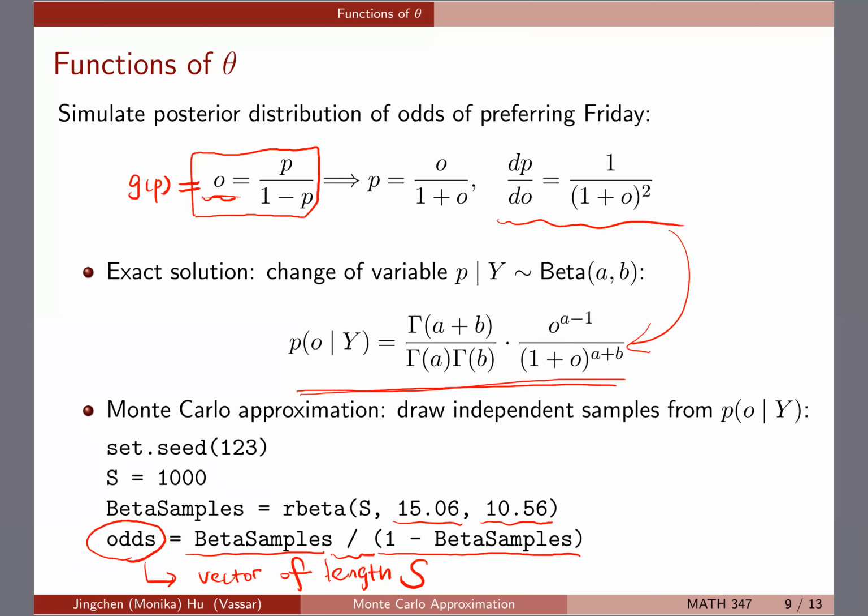So you first get the draws from the posterior. That's the draws for the parameter. And then whatever function you apply to the parameter, you can very straightforwardly generate draws using the definition, whatever the function is. In this case, it's the odds. Now you might be wondering, how am I supposed to summarize the odds? We ended up with a vector of 1,000 draws of odds.